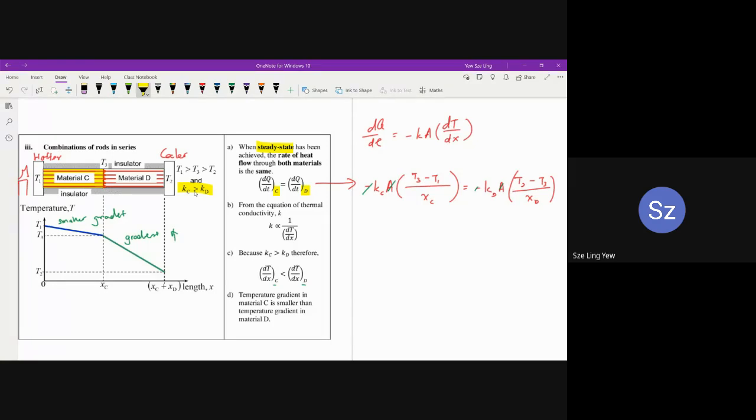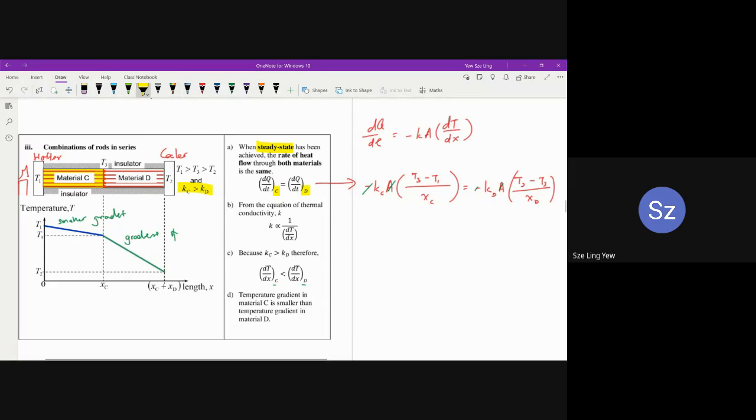If you're given two different materials and the question asks you to sketch a graph, you check the values of k. From there, you will know how to sketch the graph for temperature against x, the T against x graph. The temperature gradient in material C is smaller than in material D because kC is larger than kD.